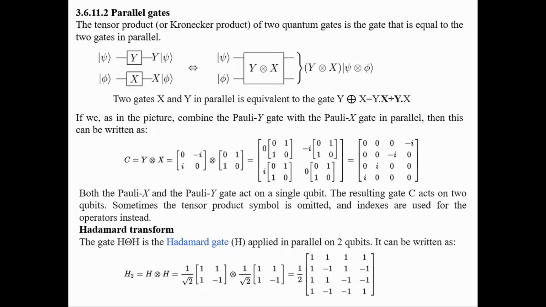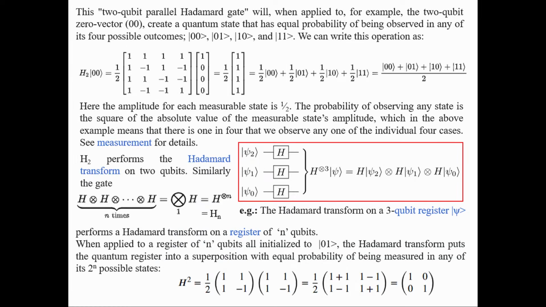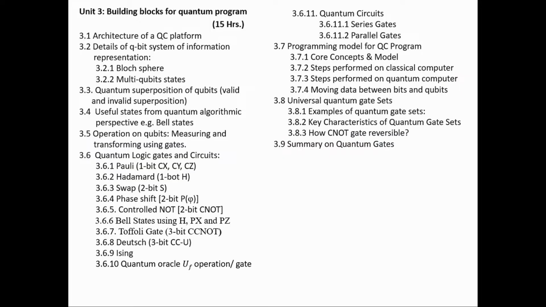We have to calculate in that way. This is just like your gate in classical digital electronics. And the Hadamard gate transforms, suppose H2 also we can do in this tensor notation only. And this is more detail about these things.